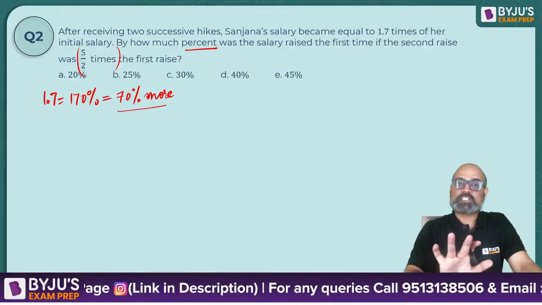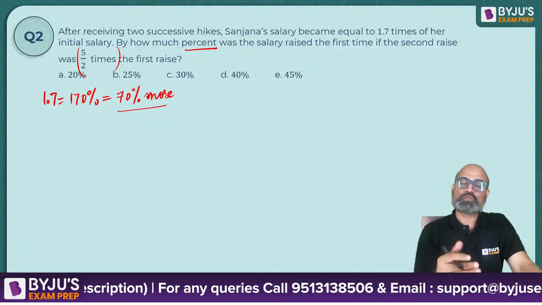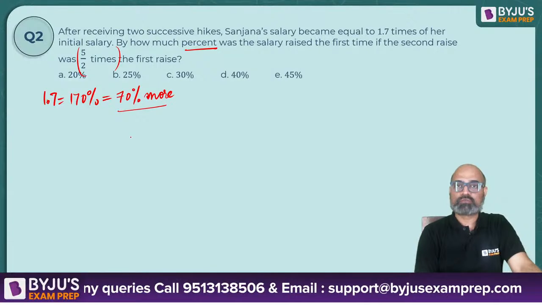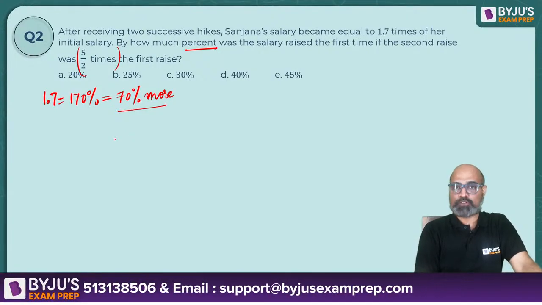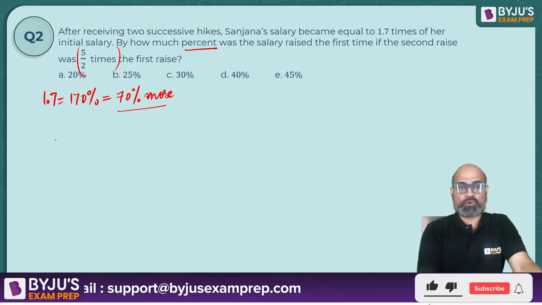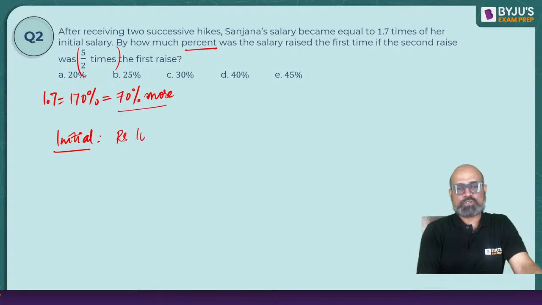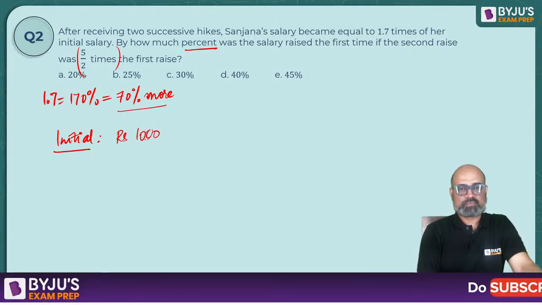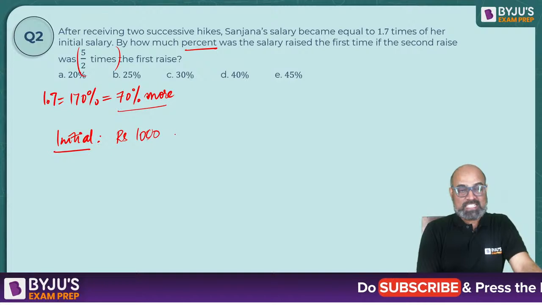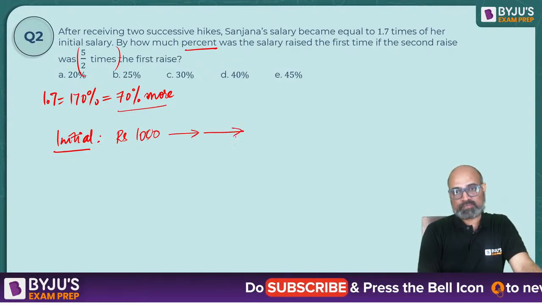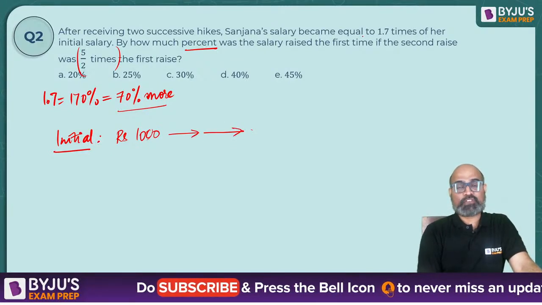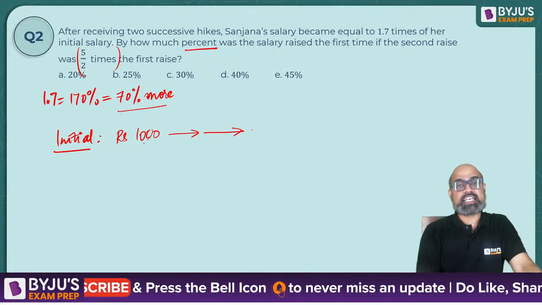So whenever you have such questions which are related to only percentage, you can assume any value and solve. You know, I hope everyone is aware of. So what I'm going to do is, I'm saying the initial salary of Sanjana was, let's say, 1000 rupees. Okay. Now she received 2 hikes, such that her final salary became 1.7 times of 1000.